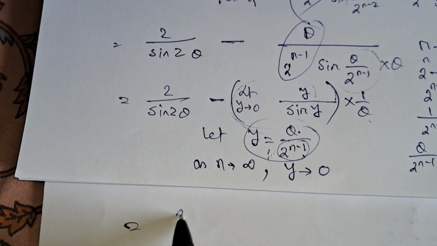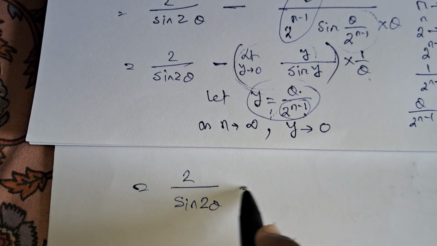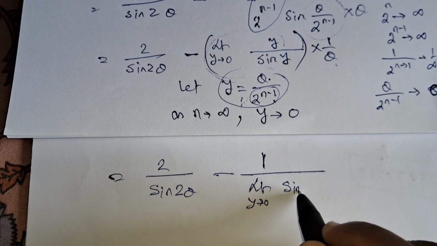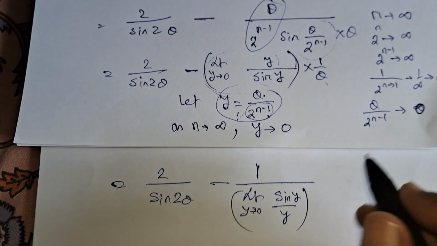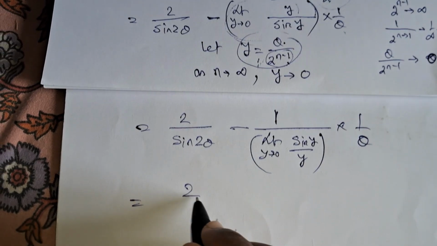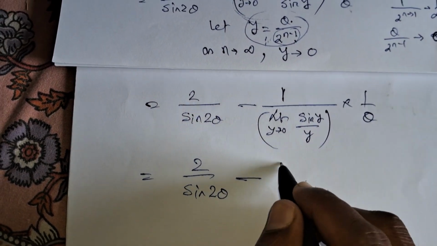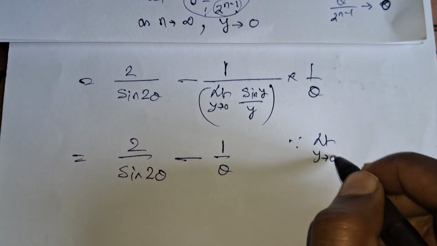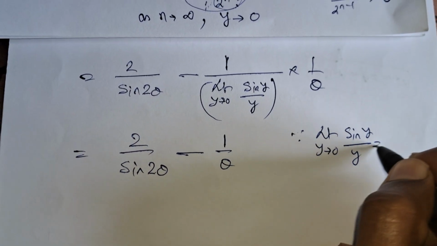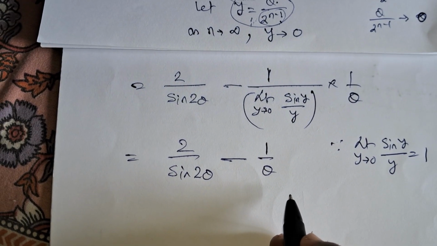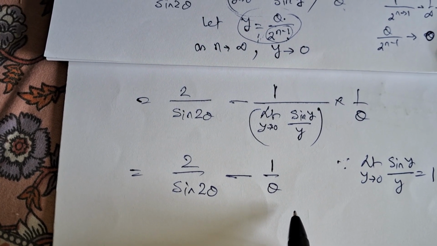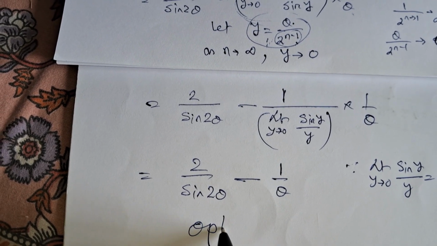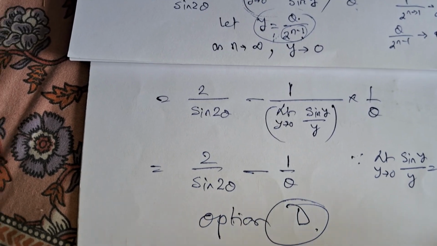So after this, 2 by sine 2 theta minus 1 by limit of y tends to 0 sine y by y, which will be 1 by limit formula. So 2 by sine 2 theta minus 1 by theta, because this one is 1. So I think option D. Option D will be the answer.